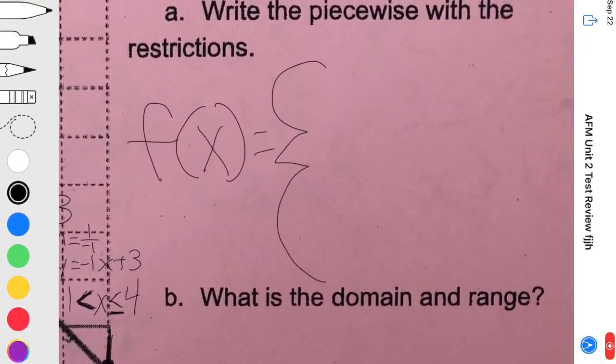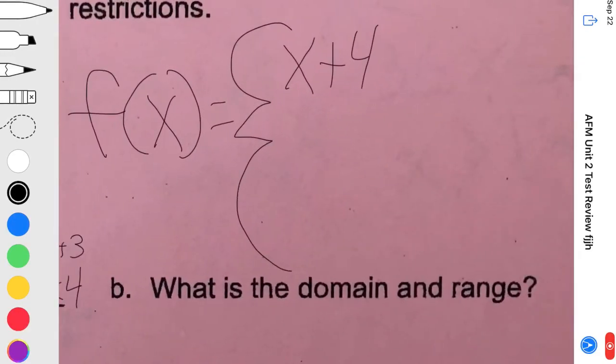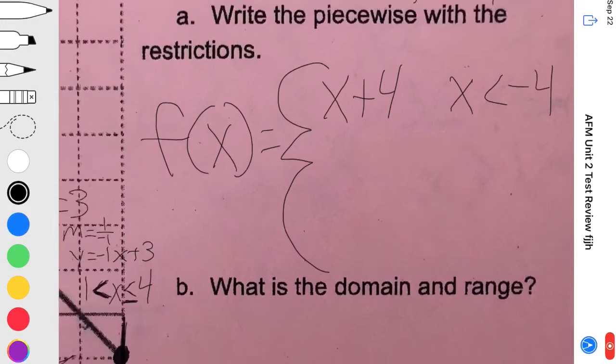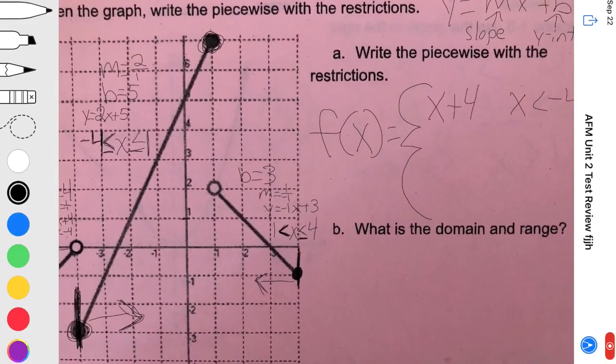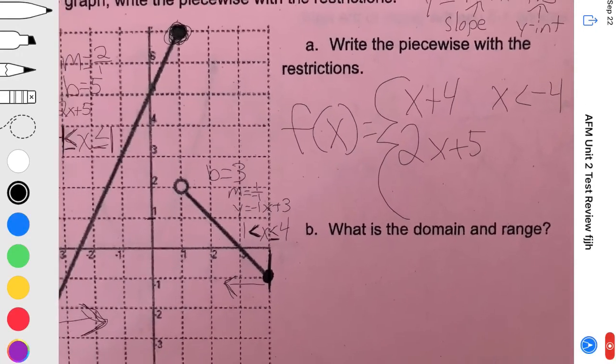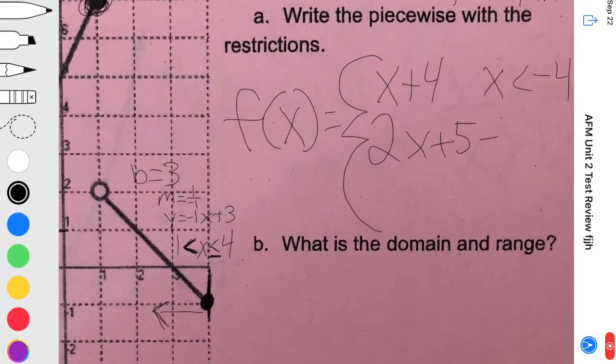So I have x plus 4 as my first step, with the restriction of x is less than negative 4. My second step, I've got 2x plus 5, and I've got negative 4, x is greater than or equal to negative 4.